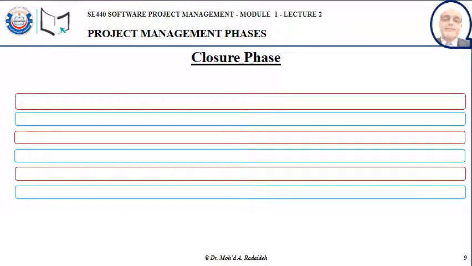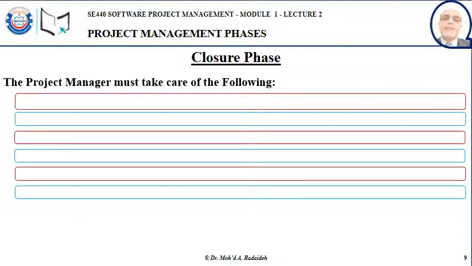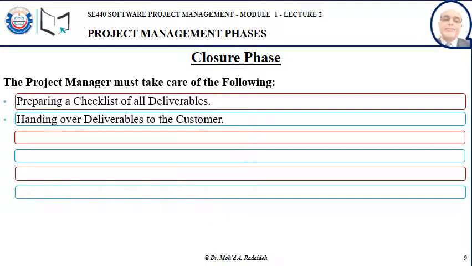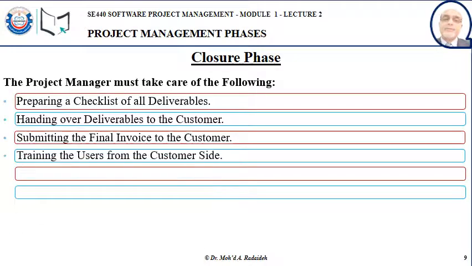The closure phase. Now, in the closure phase, the project manager must take care of the following: preparing a checklist of all deliverables, handing the deliverables over to the customer, and then submitting the final invoice to the customer, training the users from the customer side, then giving the customer a warranty period, let's say 2 weeks up to 3 months.